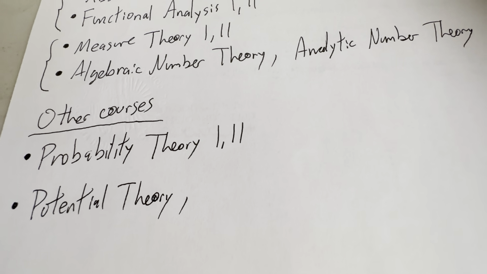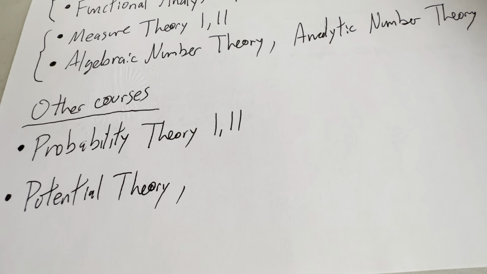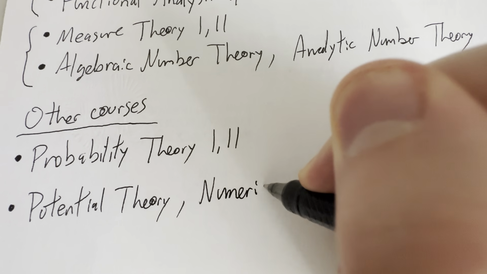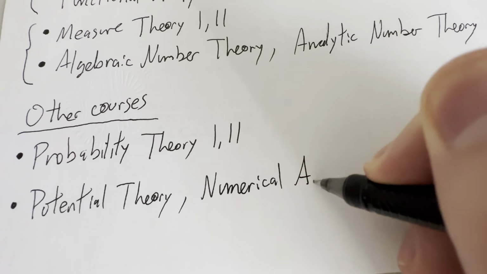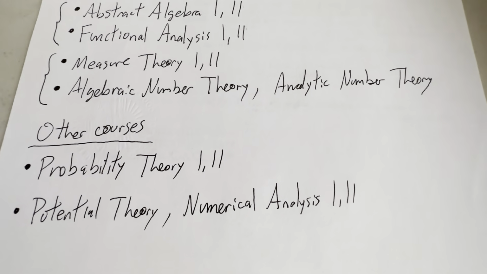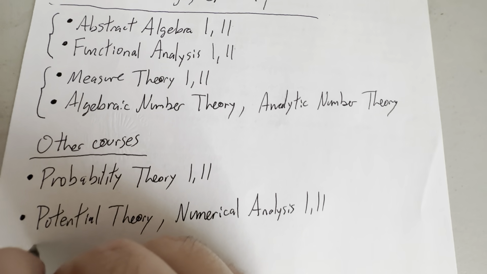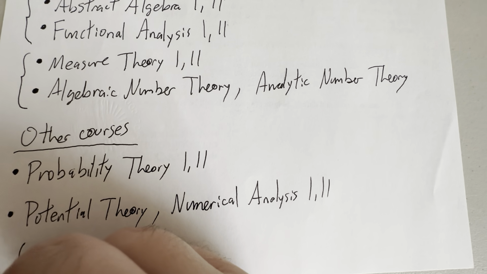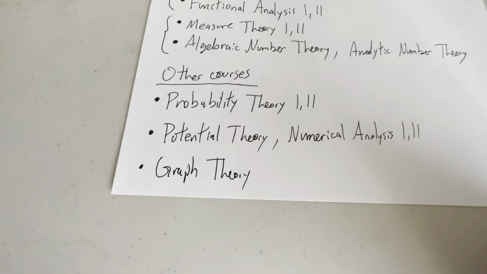There's statistics. There's numerical analysis, which I'm kind of curious about. That might be a good one. You could also probably take a course in graph theory. I have a book on graph theory, which I haven't read, but I've always wanted to read it.